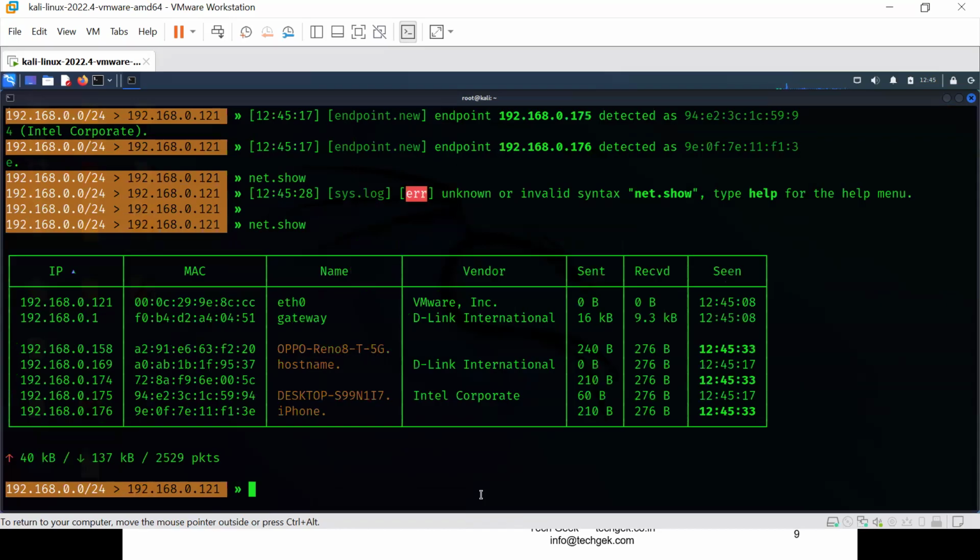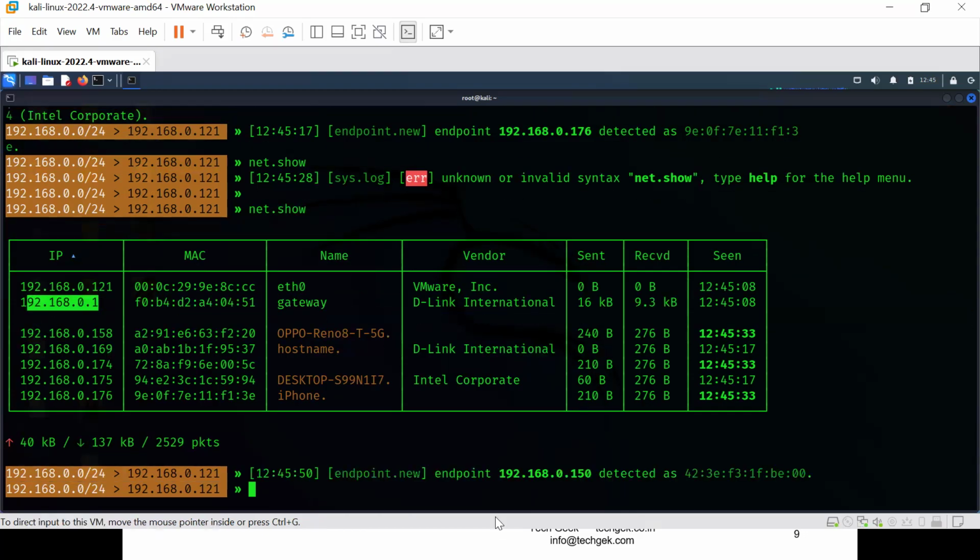Here we can see that the network is the same. Over this, we have the network 192.168.0.1, and there are several devices over our network. What are those devices?